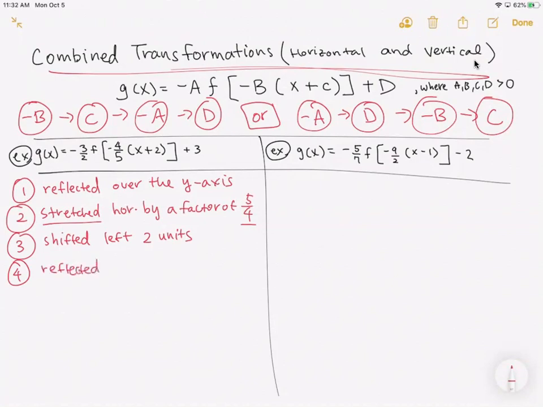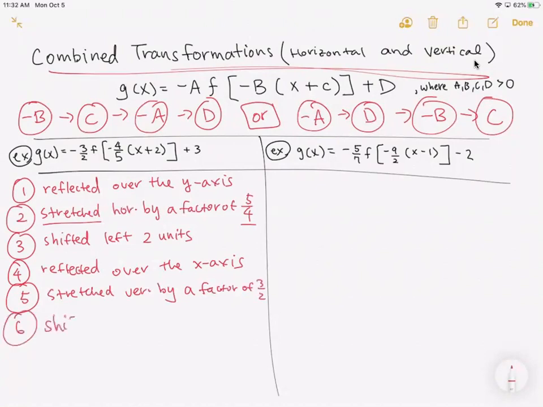So f of x is reflected over the x-axis, and then it will be stretched vertically by a factor of 3/2. Finally, we shift up 3 units because our d value is 3.